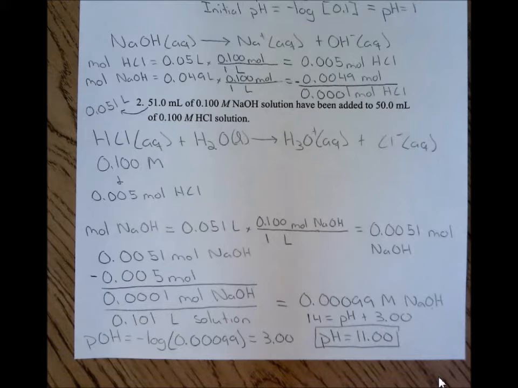Now, this was one half of the problem. What we can do, and some people may like this better, is look at what happens when we have a weak acid titrated by a base. So we'll change out our papers here.